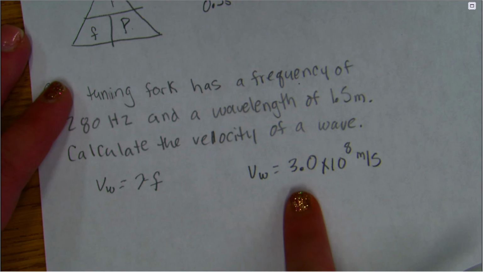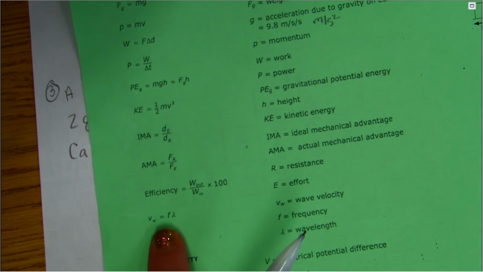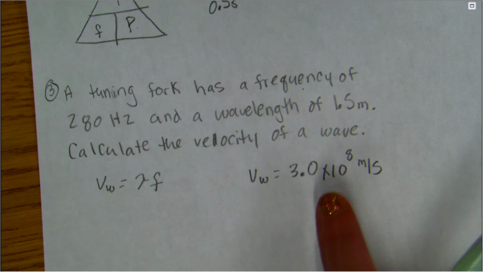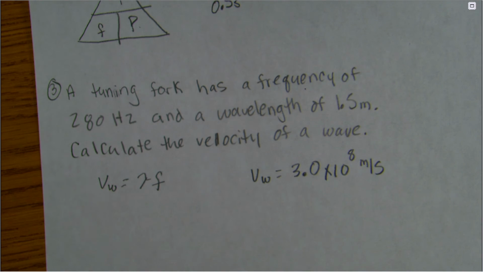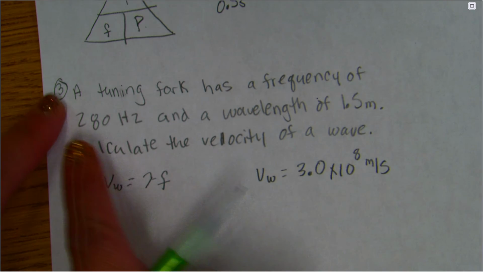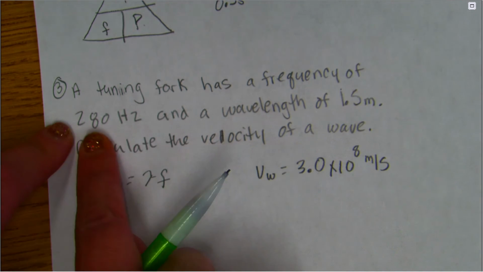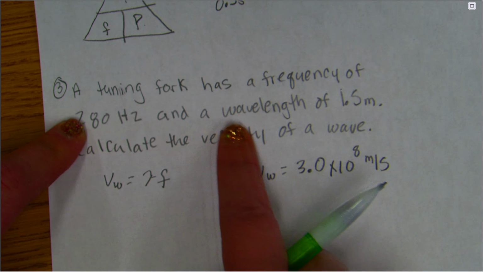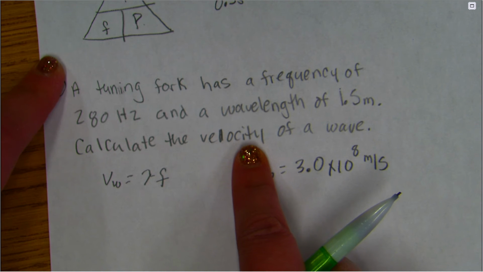So again, this value right here is not provided on your reference tables, so you will need to know that a wave velocity, that's the speed of light, 3.0 times 10 to the 8 meters per second. So if we have a tuning fork that has a frequency of 280 hertz and a wavelength of 1.5 meters, let's calculate the velocity.